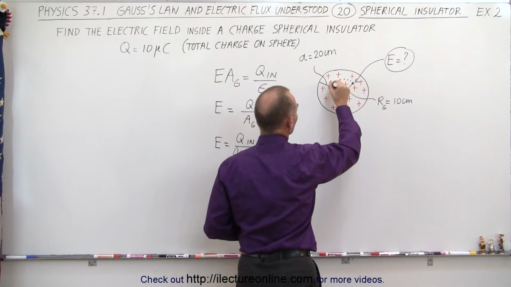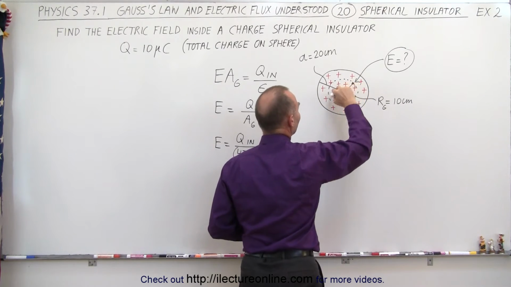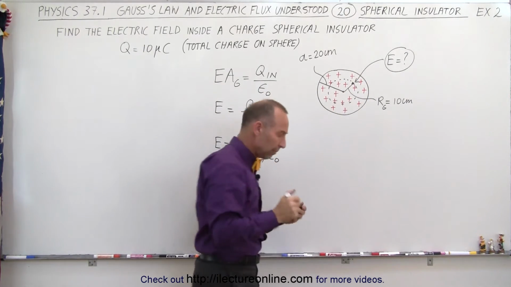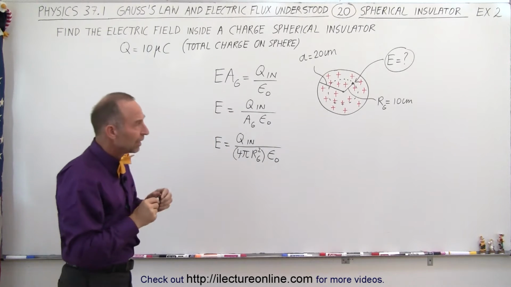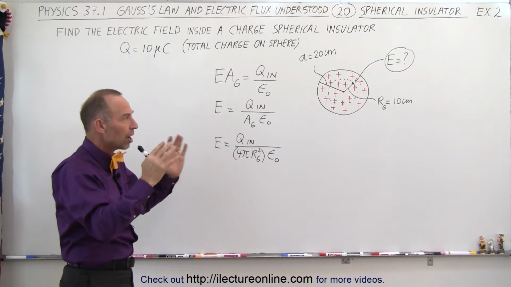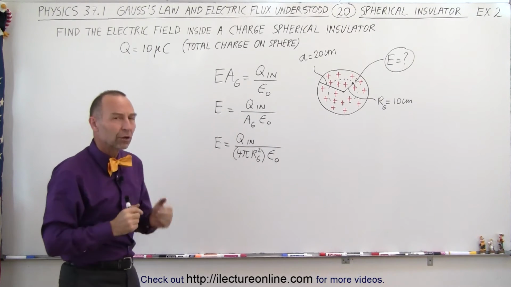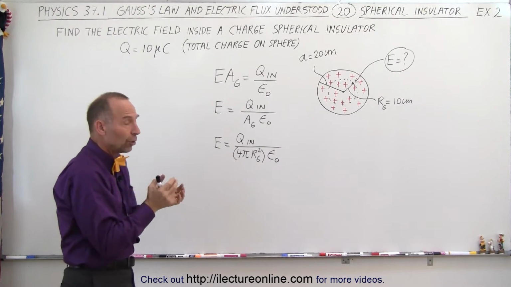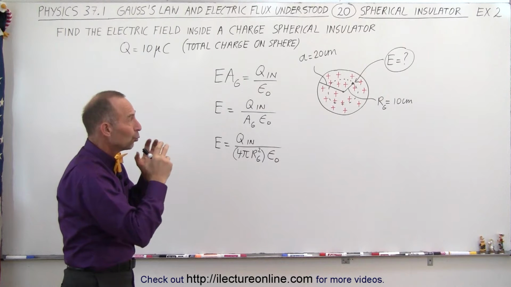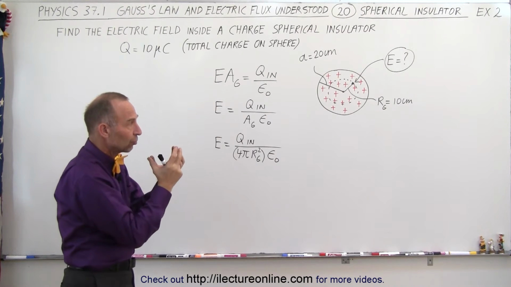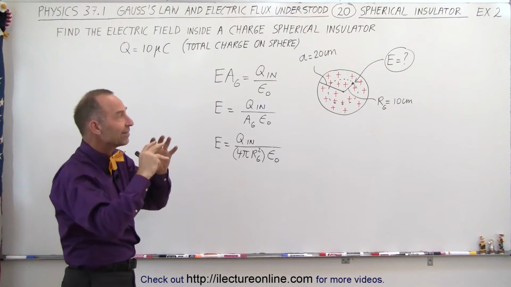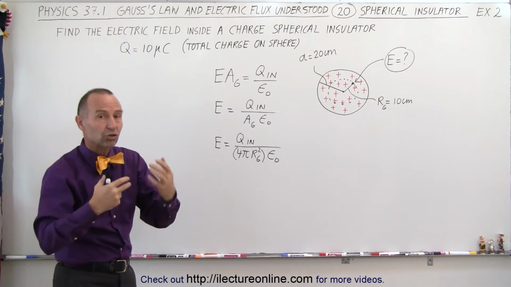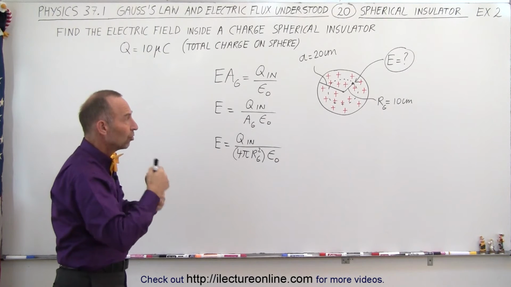So we're going to draw the Gaussian surface, and we need to find the charge inside. But we're not given the charge density, we're given the total charge on the total sphere. So how do we find the charge inside the Gaussian surface? Well, it all has to do with the ratio of the volume of the Gaussian surface to the volume of the entire sphere, because the charge will be in the same proportion.